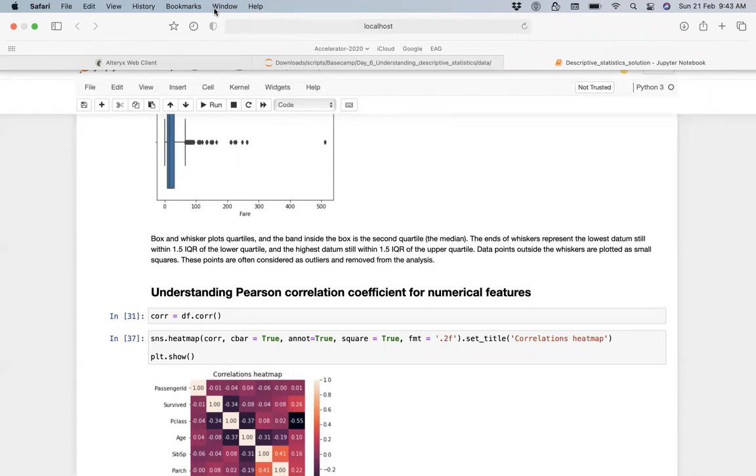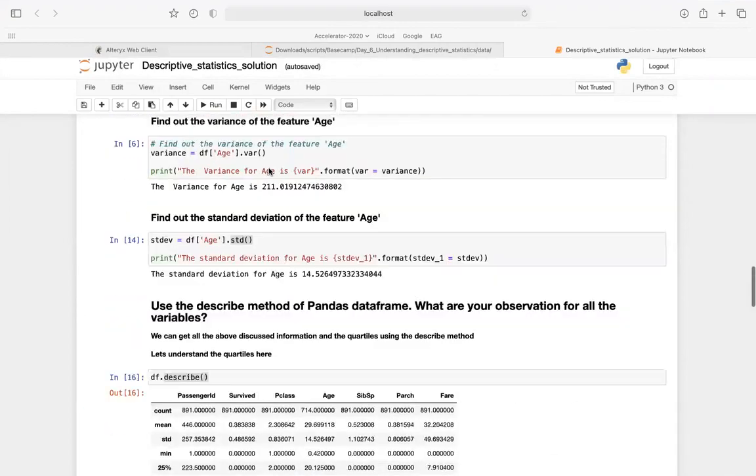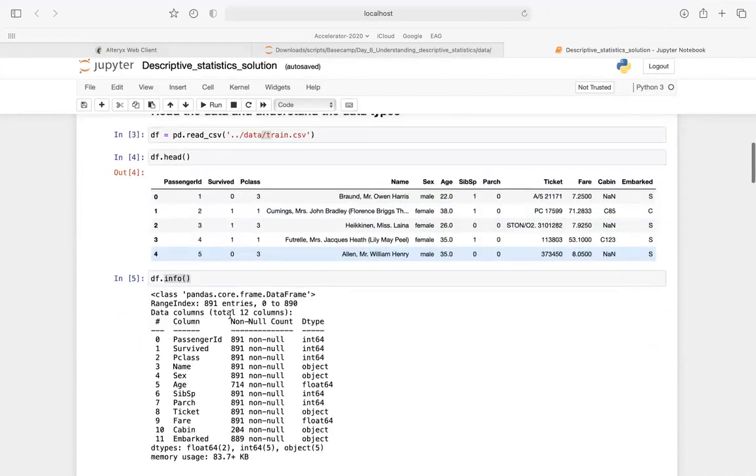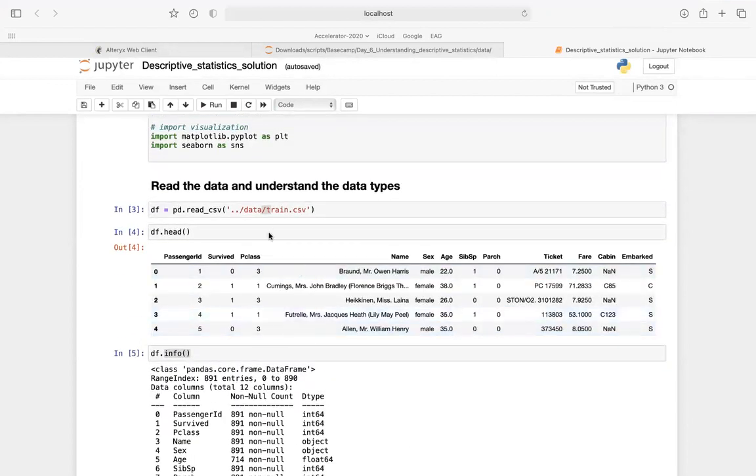We might have 10 columns, 20 columns, 30 columns. Do you believe that these columns have any relationship with each other? In a reformed way, do you believe that the column survived has any relationship with the Pclass, or the sex column has any relationship with the column age?